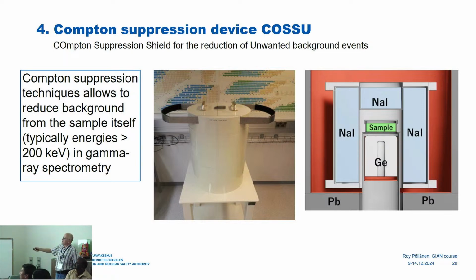The idea is this. We have a germanium detector here, a standard detector, surrounded by sodium iodide detectors. And outside there is a lead shield. It's a normal lead shield, nothing else. So why do this? The sample is located here.